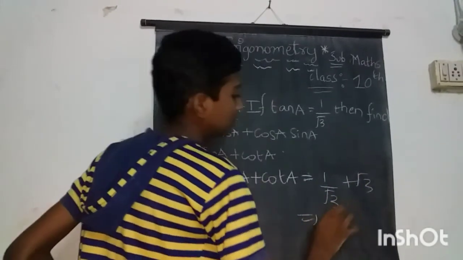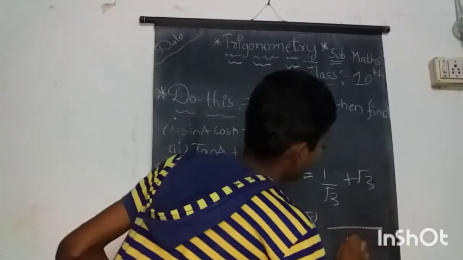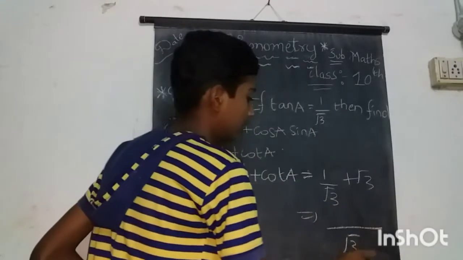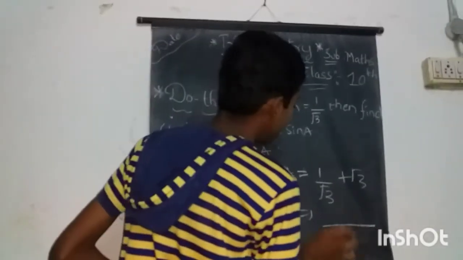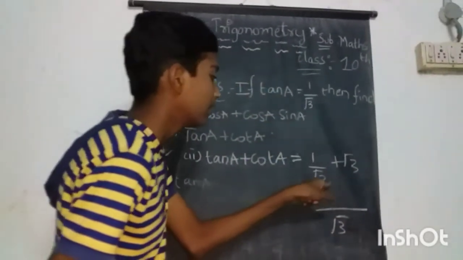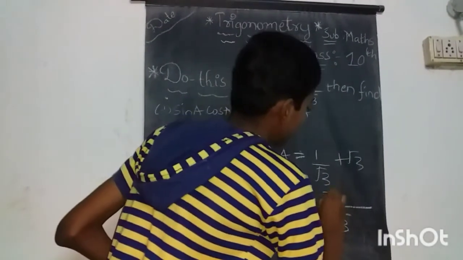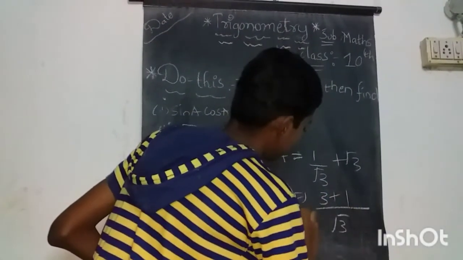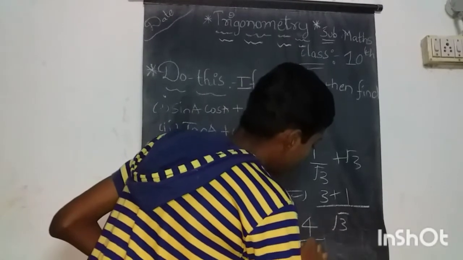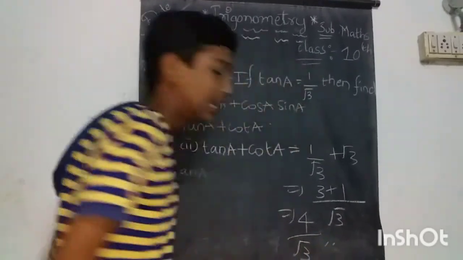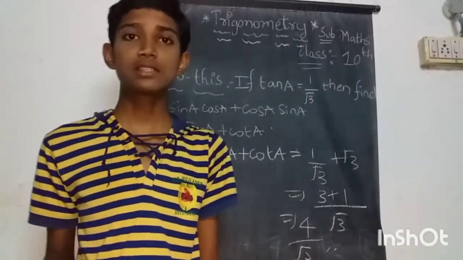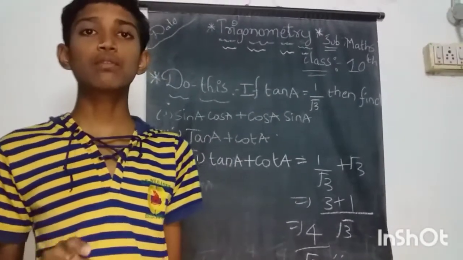Sorry, in the denominator, root 3, and when we do LCM, root 3 into root 3 plus 1, that implies 4 by root 3 is the answer.